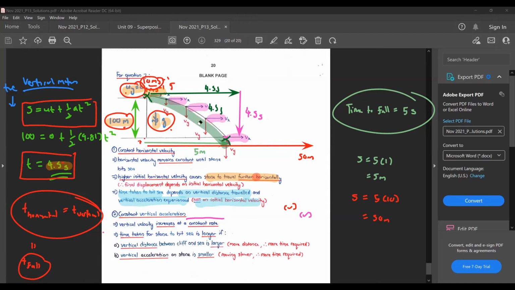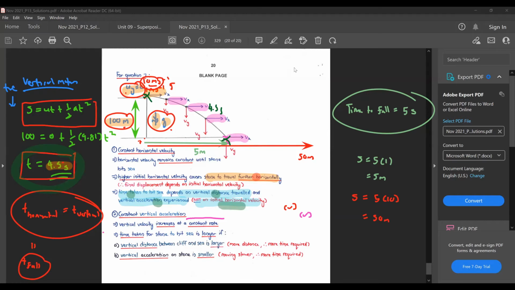Okay. So now looking back at this, the thing that I just want to illustrate is that your time taken to fall will still be the same, regardless of your horizontal velocity. That's why here I say time taken to hit the sea depends on your vertical distance travelled and vertical acceleration experienced. It doesn't depend on your initial horizontal velocity.